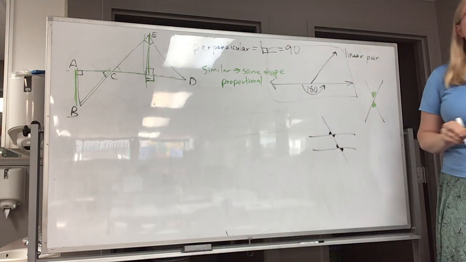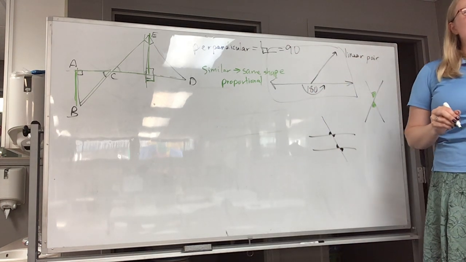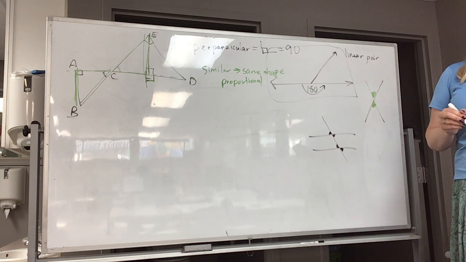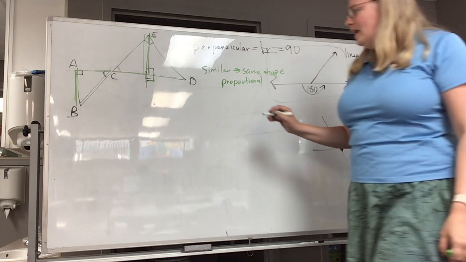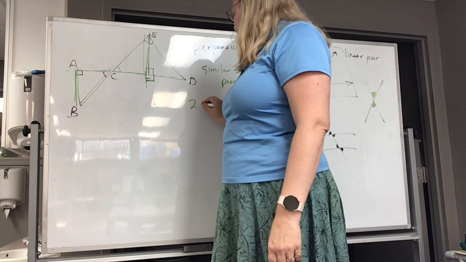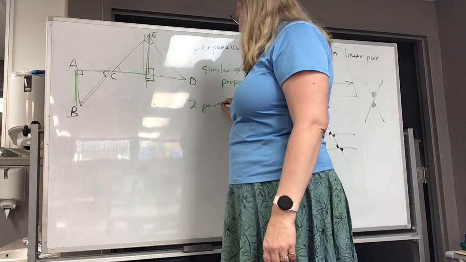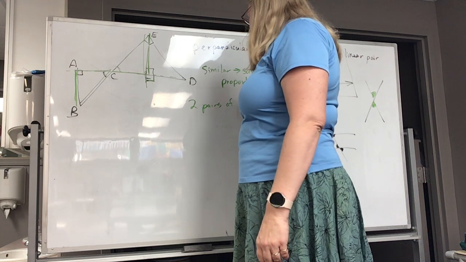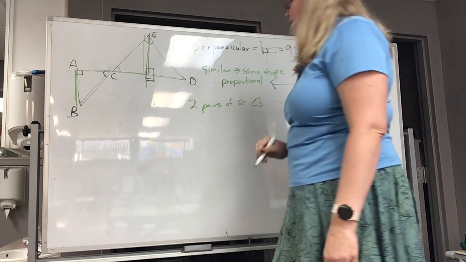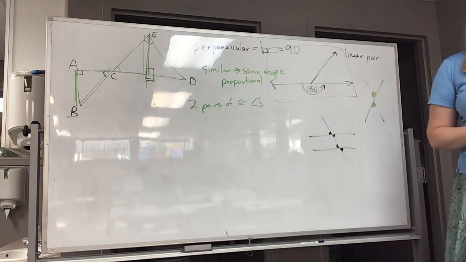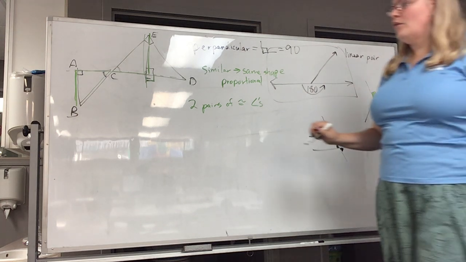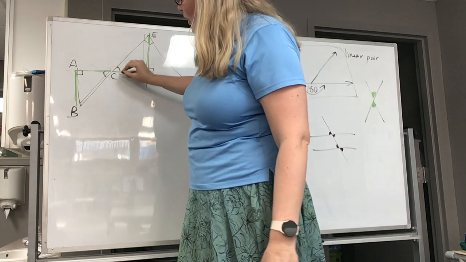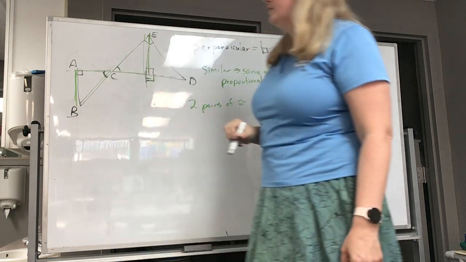And with triangles, it happens to be really easy to get them similar. All it takes is two pairs of congruent angles. To show that triangles are similar, two pairs of angles are enough. And so one, we already got this one from our vertical pair.